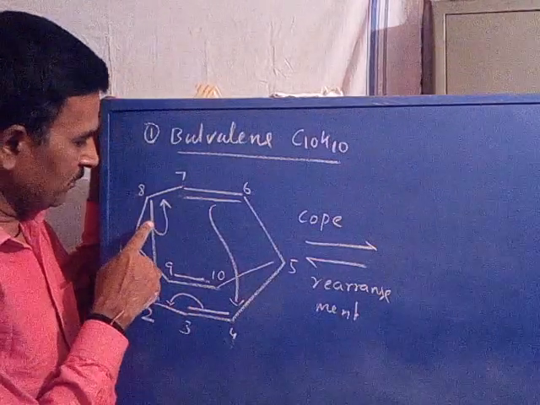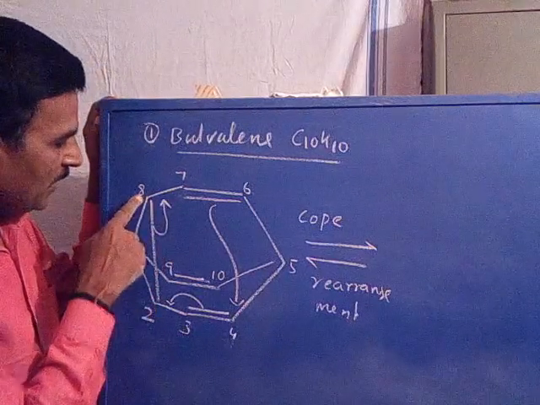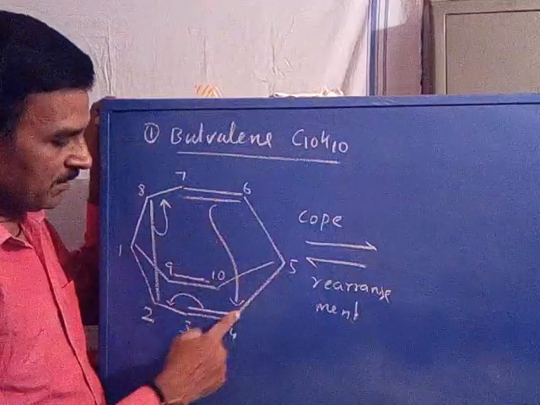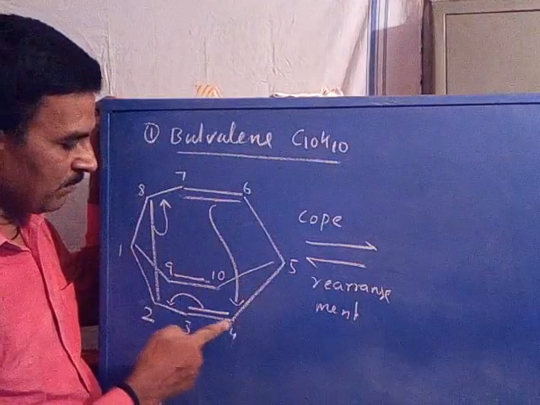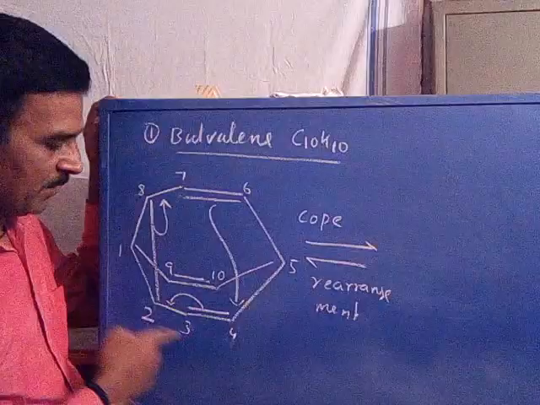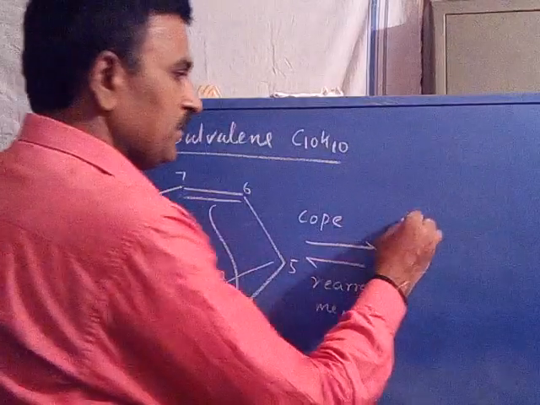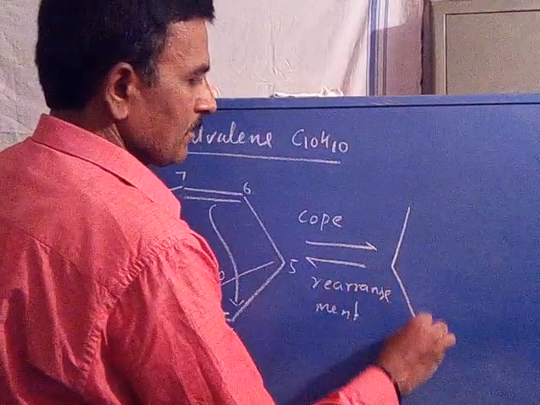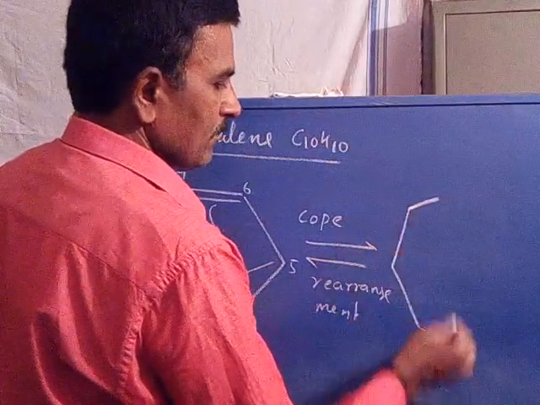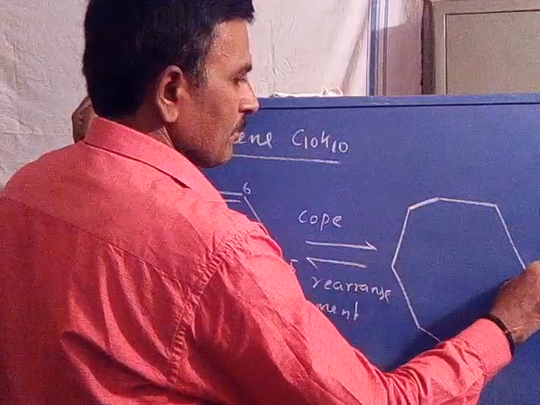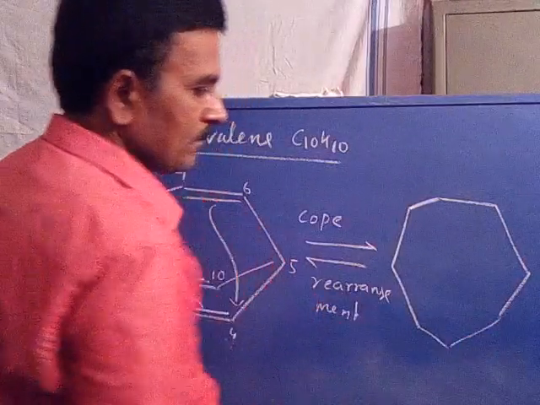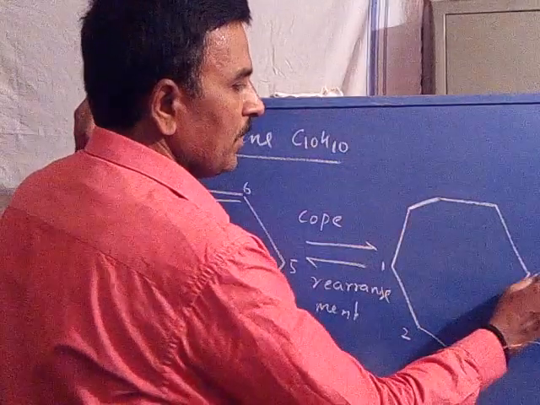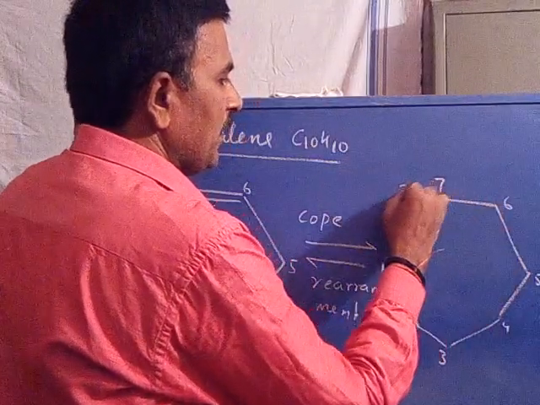A simple mechanism. This single bond between carbons 2 and 8 is polarized towards carbons 7 and 8. The 6,7 double bond forms a new sigma bond with the fourth carbon. The 3,4 double bond is migrated to between carbons 2 and 3, to get carbon 1, carbon 2, carbon 3, carbon 4, 5, 6, 7, 8.